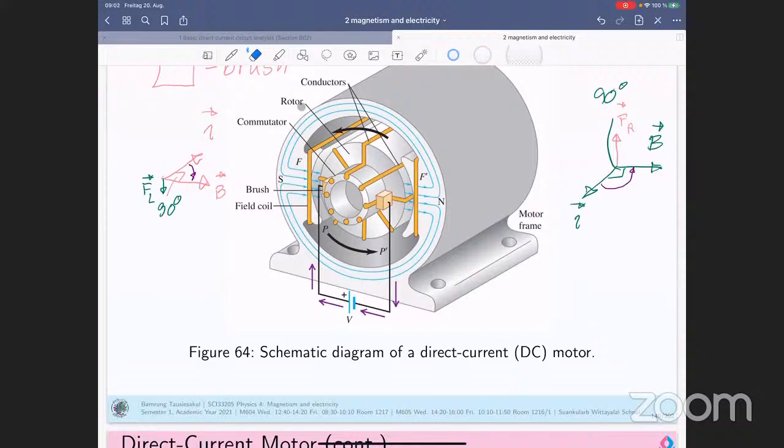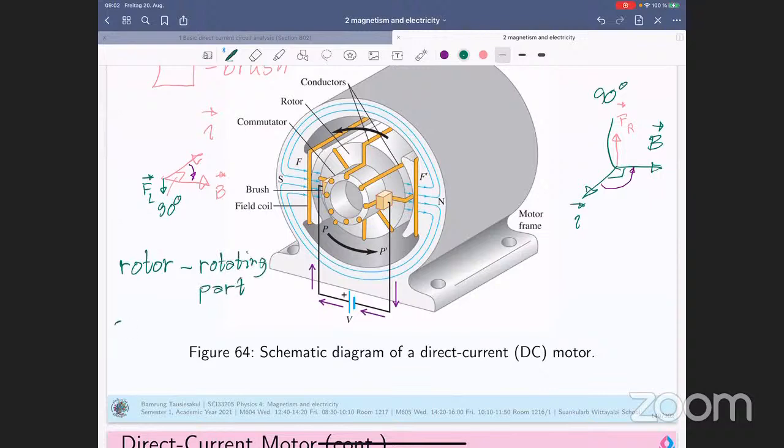It's like rotor stands for rotating part. Rotor, rotating part, all right.